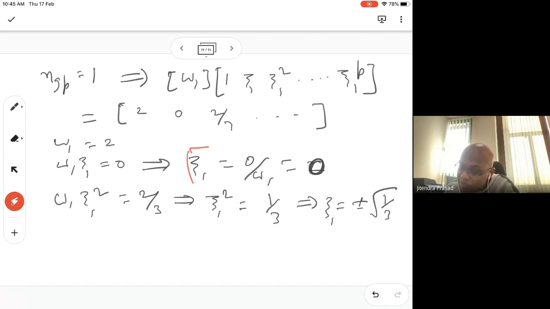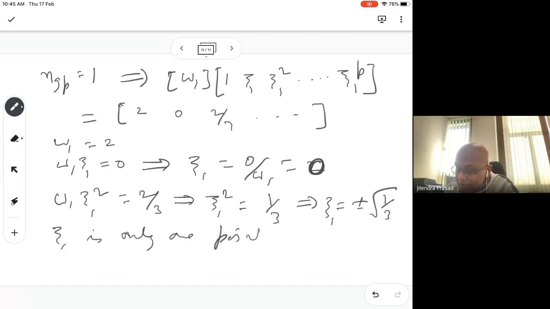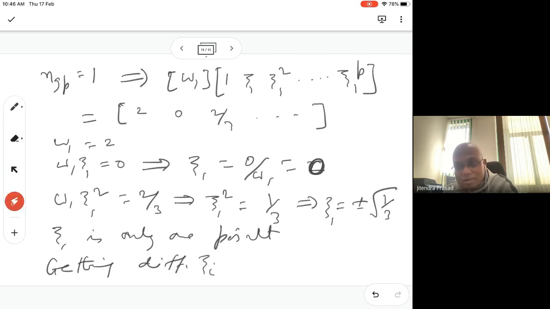So in the first case, you get Xi1 equal to 0, you have only 1 point. But you are getting different Xi's, which means somehow you are not getting it exactly.